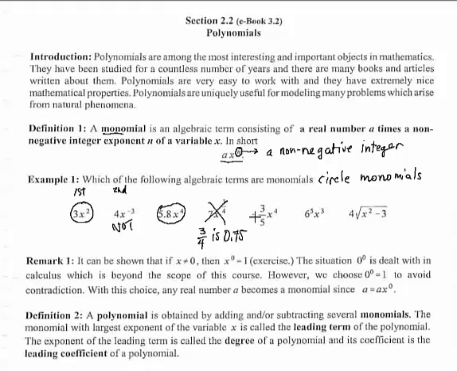The next one, we have a negative coefficient, but that's okay. We have our variable x, and it's raised to a power of 4, and 4 is a non-negative integer, so this is a monomial. The next one is a monomial. We could calculate 6 to the 5th power, and whatever that number is would simply be our coefficient.